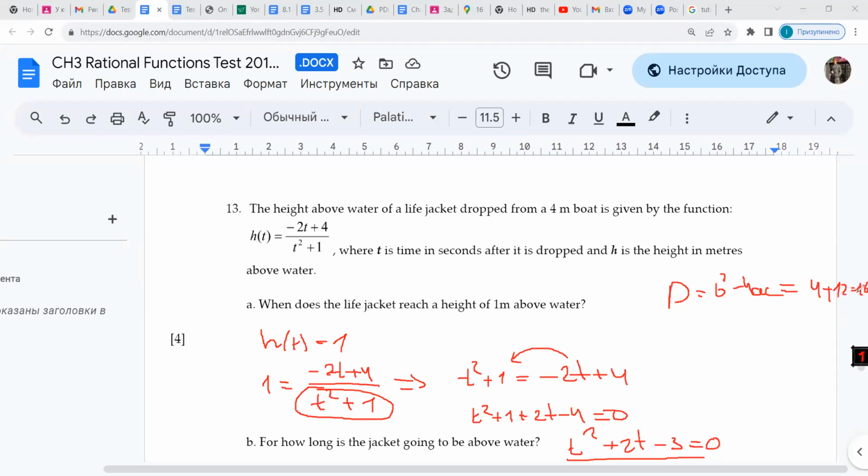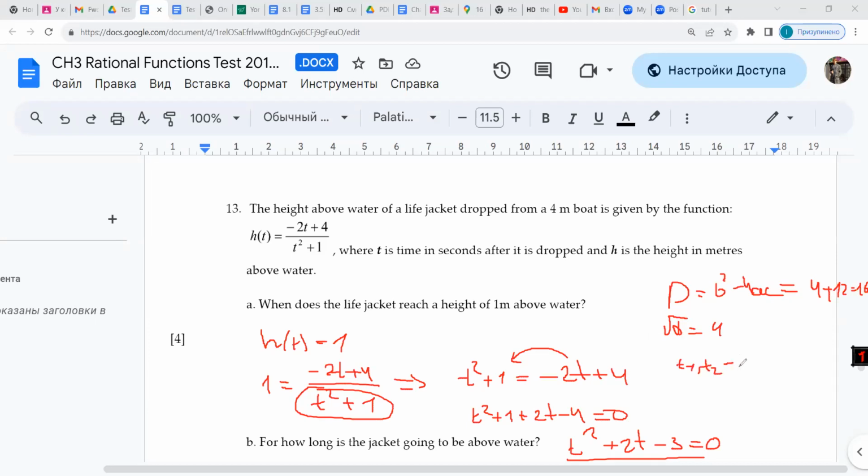So it's 16. The square root of the discriminant equals 4. x1 and x2, so basically not x, but t in this case, right? Because our variable is time.